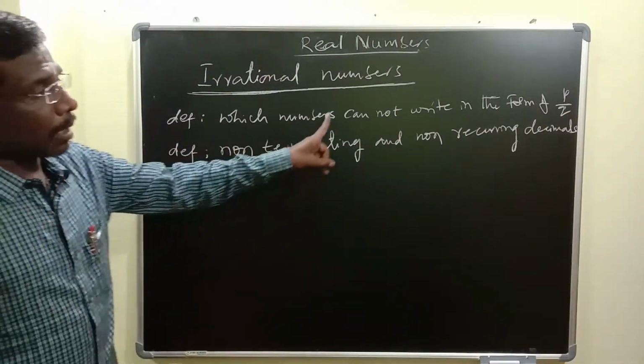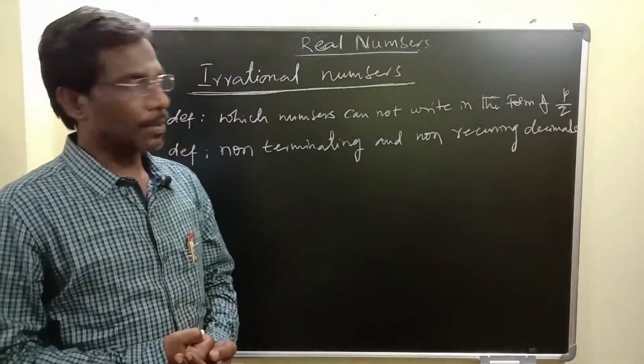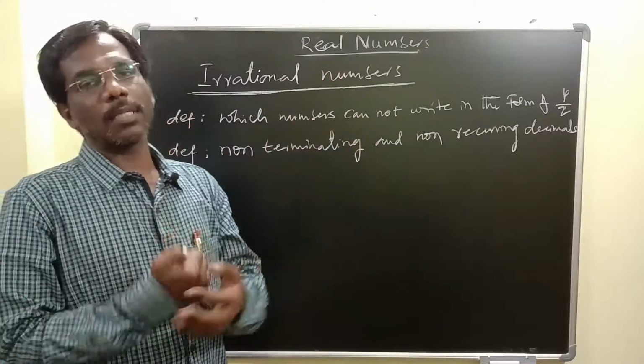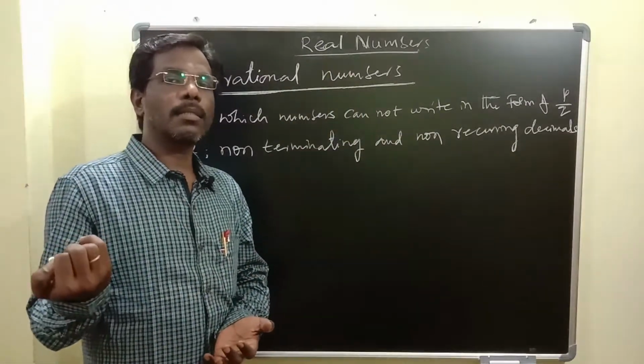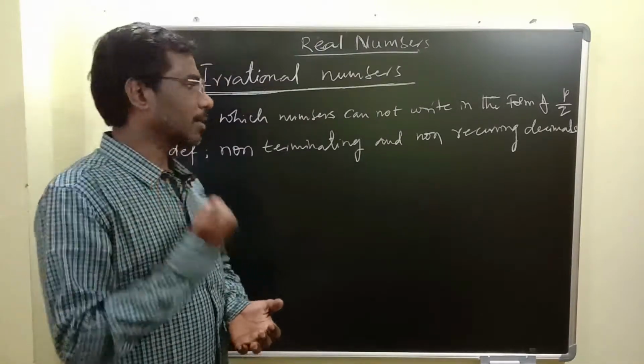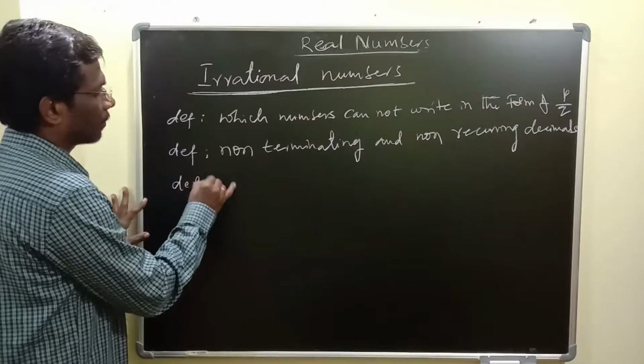Non-terminating and non-recurring decimals are called what? Irrational numbers. Recurring decimals are called rational numbers. Non-recurring decimals are called what? Irrational numbers. And one more definition we can give for it.